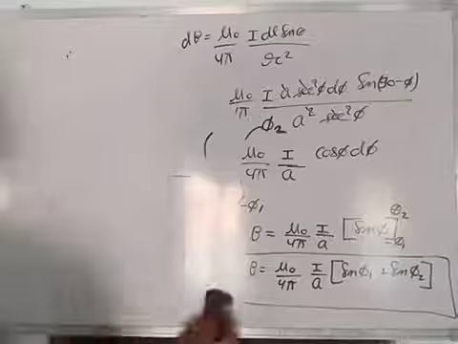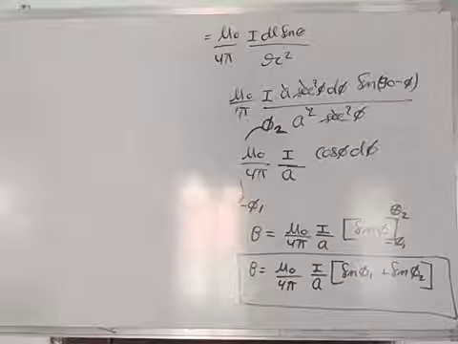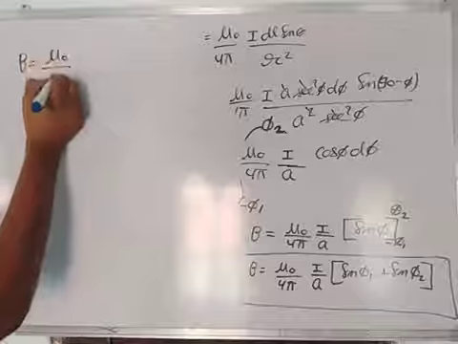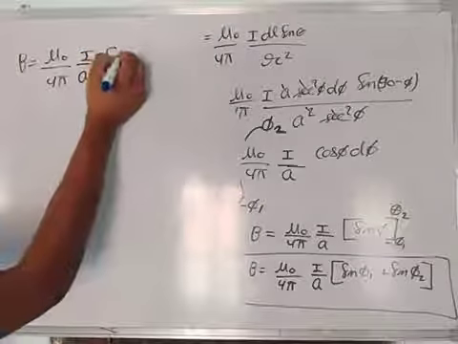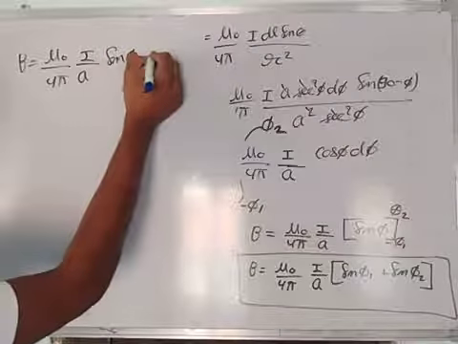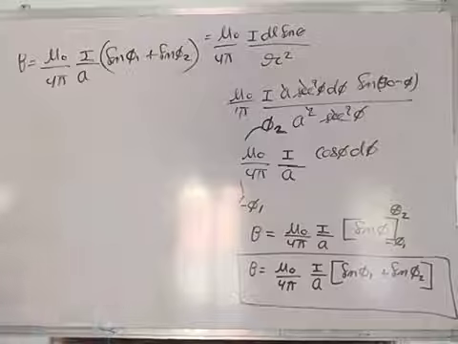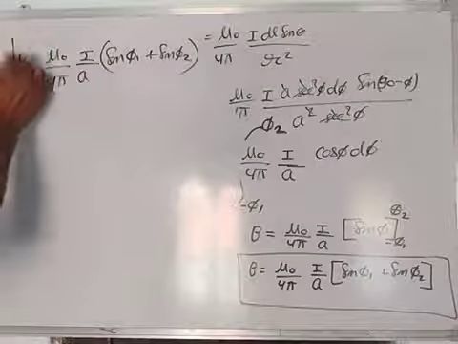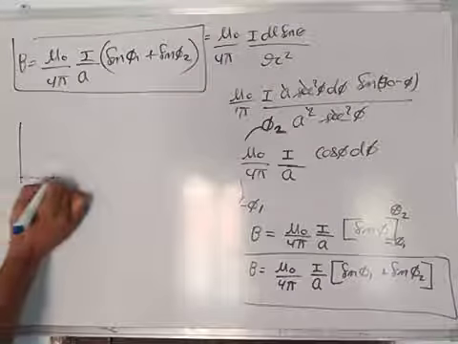This derivation is important and the result is most important: B = μ₀/4π · I/a (sin φ₁ + sin φ₂).